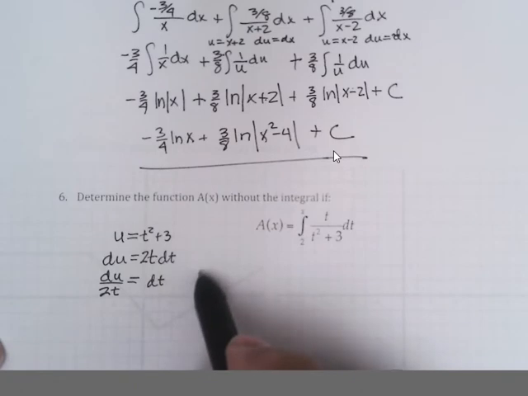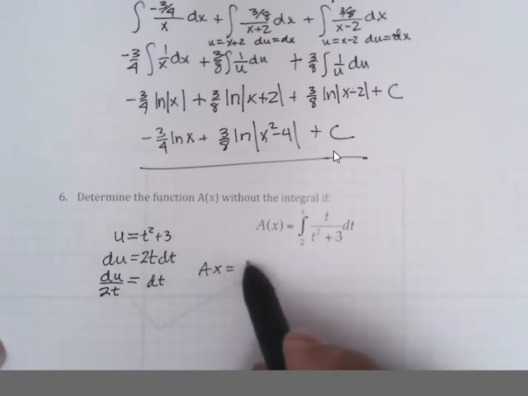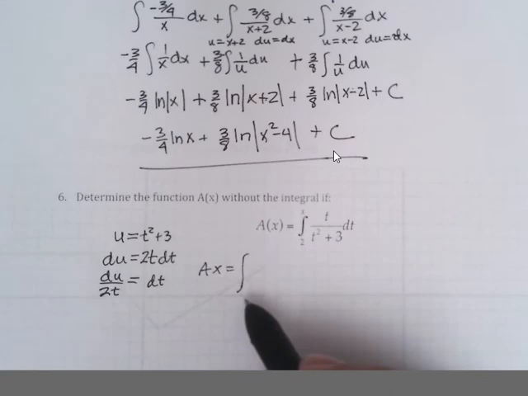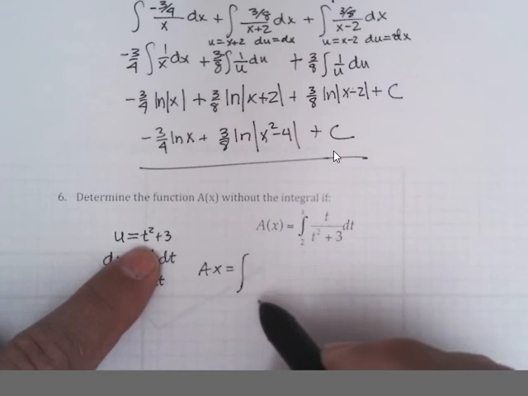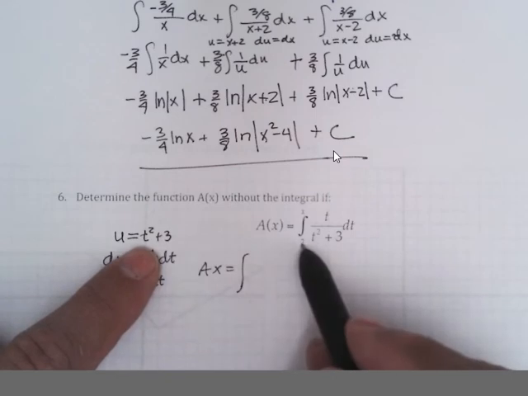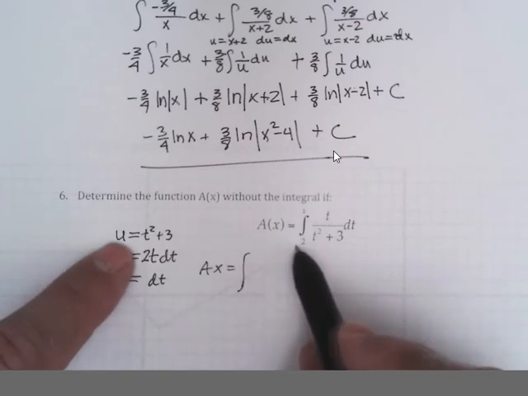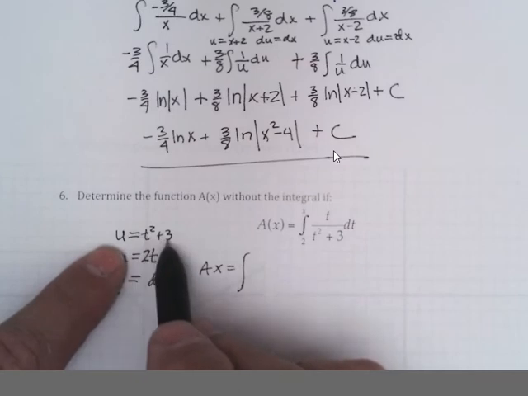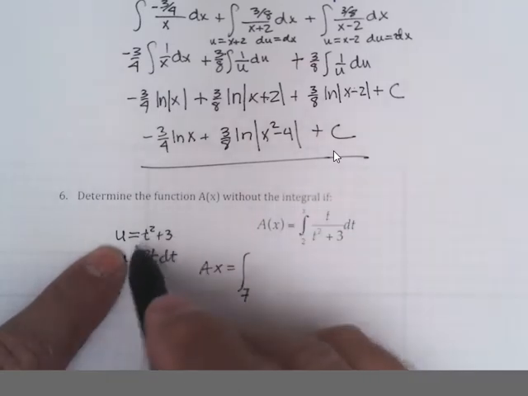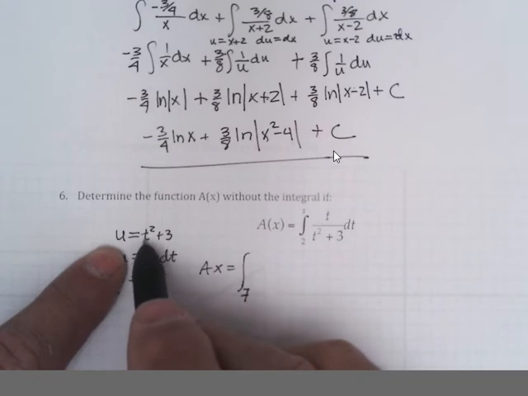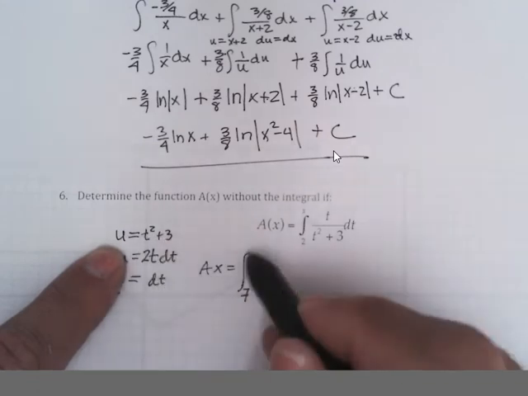So A of x would equal, I'm changing variables, so let's actually go ahead and change the limits. You could just put question marks here and not have to change them, but if 2 is what t is, u would be 2 squared, 4 plus 3, 7. If I put x in place of the t, I get x squared plus 3.